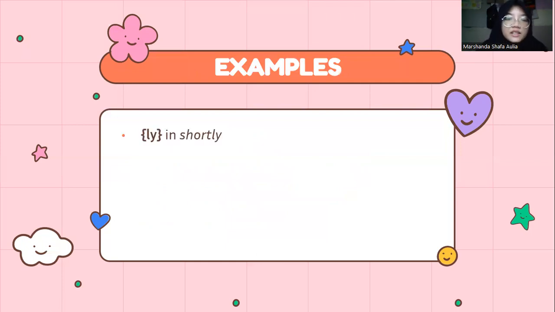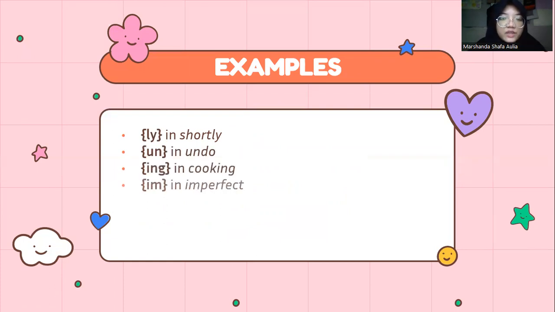So we can take apart this word shortly. The short is the lexical morpheme, while the ly is the grammatical morpheme. We have un in undo, and ing in cooking, im in imperfect, ed in walked, and est in smartest, and the last one is re in rename.